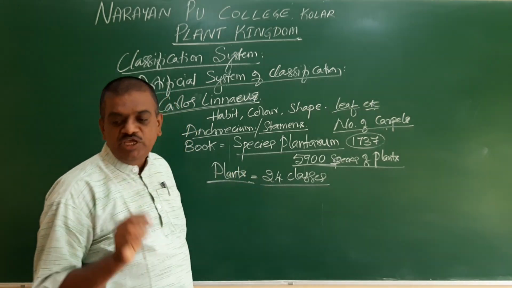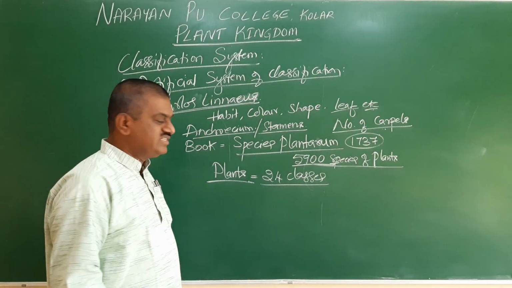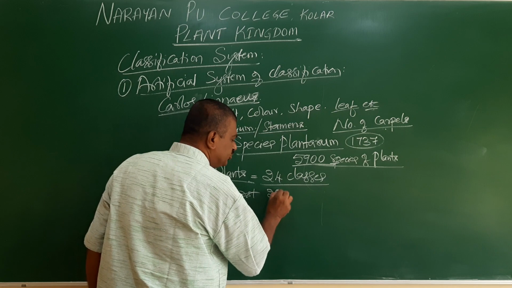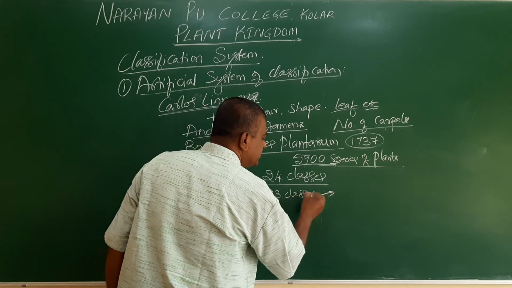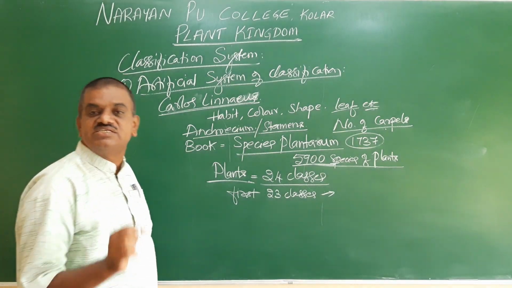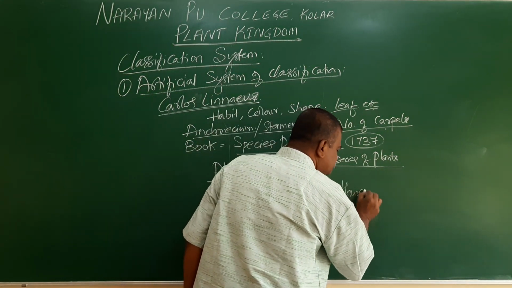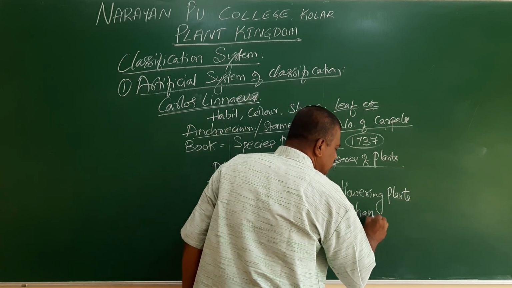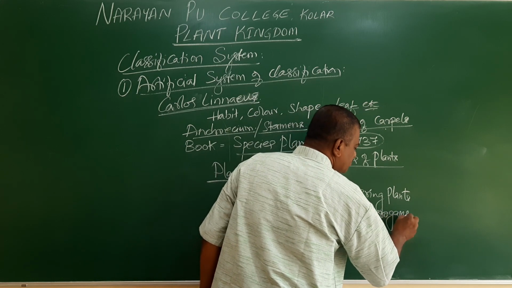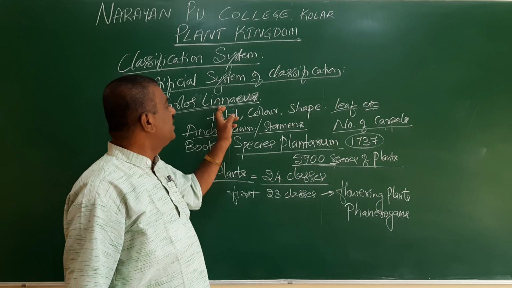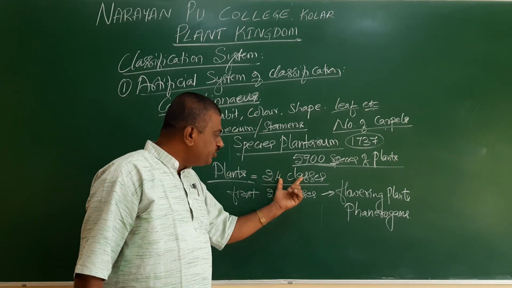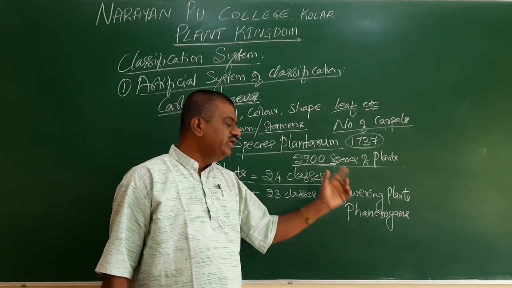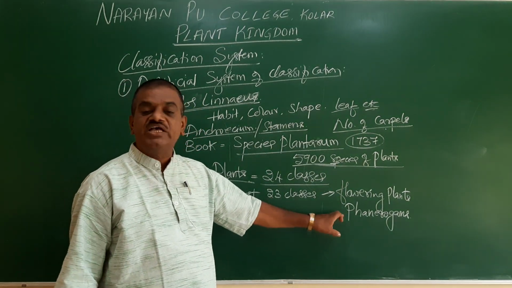In these 24 classes, the first 23 classes were about the flowering plants, which are called phanerogams. So in these 24 classes, the first 23 were classified based on the flowering plants called phanerogams.